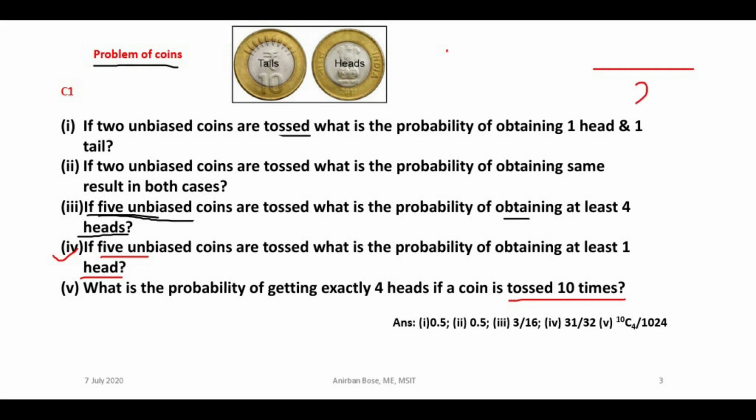What is the total outcome? 2 to the power 10. What is the favorable cases? It is 4 heads. So out of 10 there will be 4 heads. So how many ways can they be arranged? Out of 10, 4 heads can be arranged, and the remaining 6 tails are similar objects. So this is nothing but 10C4. Now if you simplify, you will get this answer.